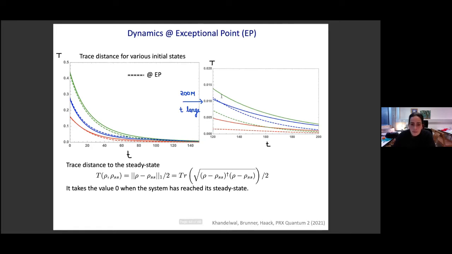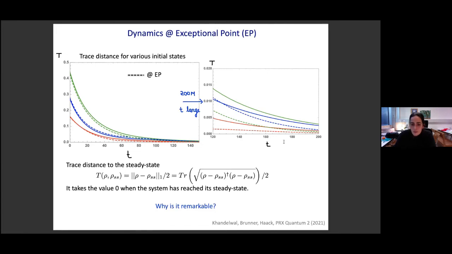And in fact, if I show you a zoom at very large time, what I see is that all dashed lines corresponding to the dynamics at exceptional points are below the solid lines. The crossing with the solid blue curve happens at very large time, but in the end, they are all below the solid curves.